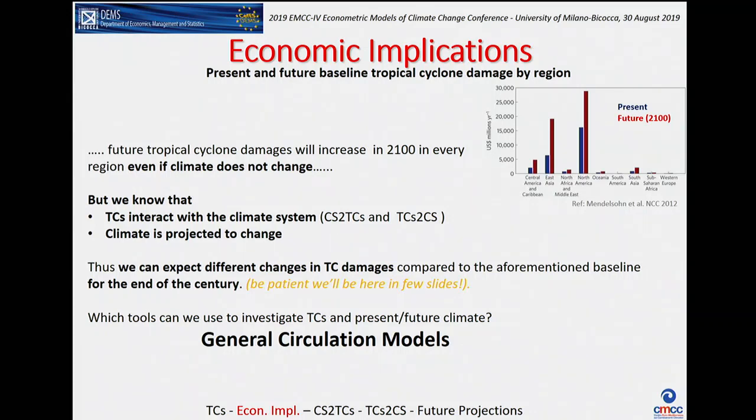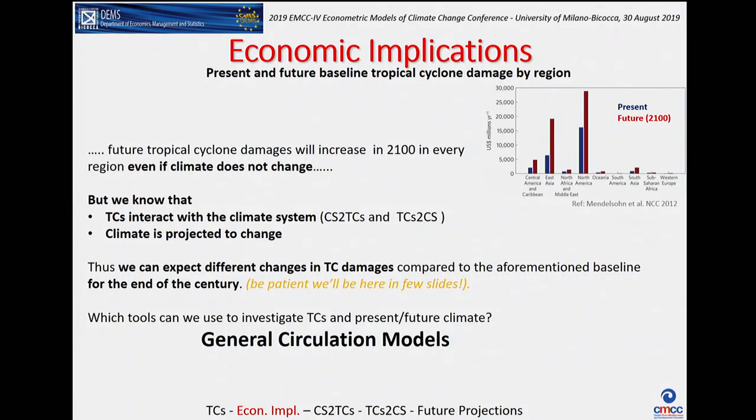You have seen many results in previous talks mentioning Coupled Model Intercomparison Project 5, Coupled Model Intercomparison Project 3. These are all Coupled Model Intercomparison Projects that provide data and numbers for the past and for the future to the IPCC for the preparation of their assessment report, every 10 years or whatever.